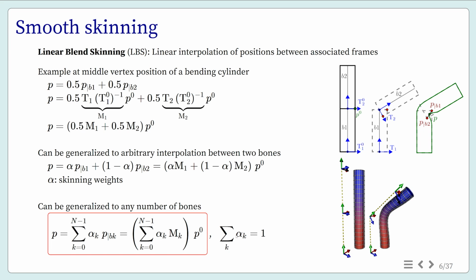And to get a correct result, we also need to make sure that if we sum all the skinning weights associated to a given vertex, they all sum up to 1.